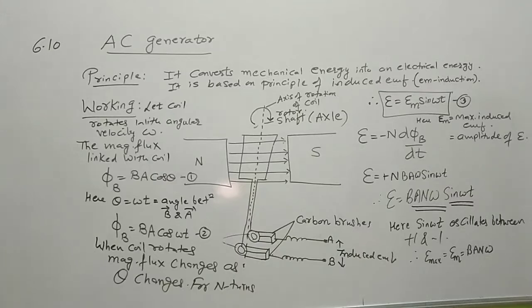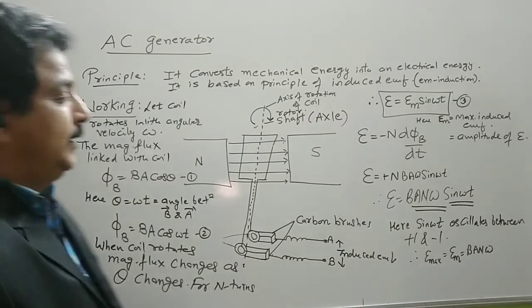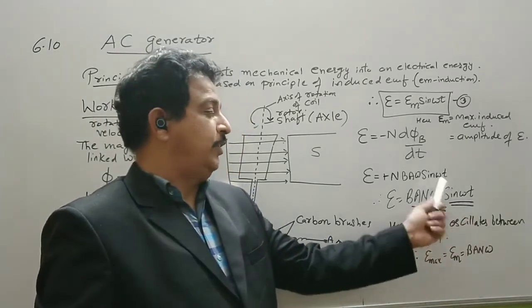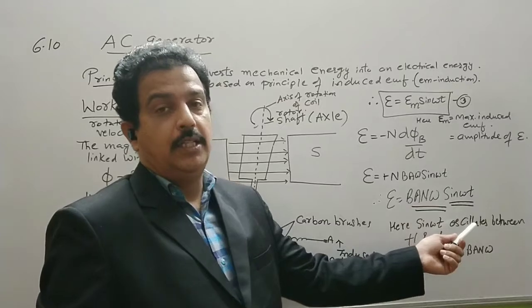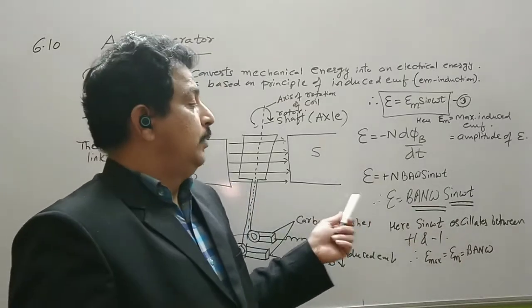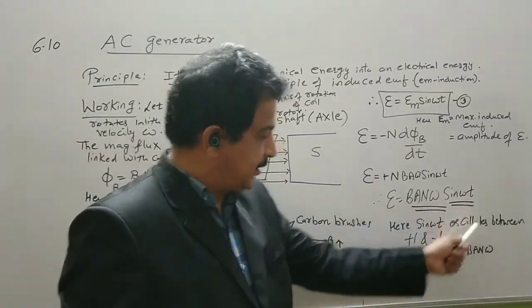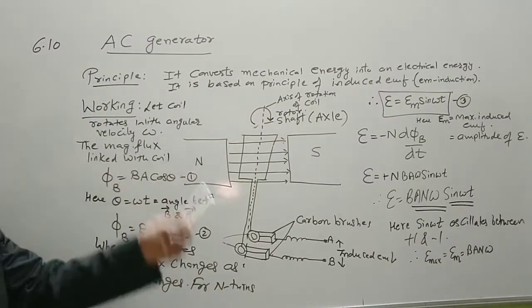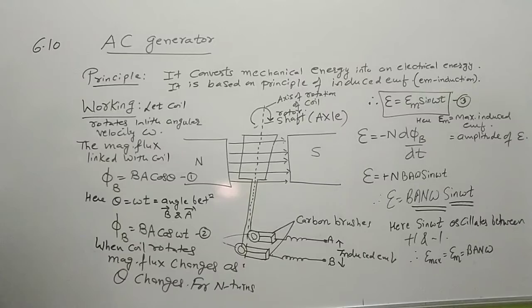Since sine is a function of time, this sine value will keep on changing with respect to time, and this omega t is nothing but theta. So theta is continuously changing, and EMF induced will also continuously change.